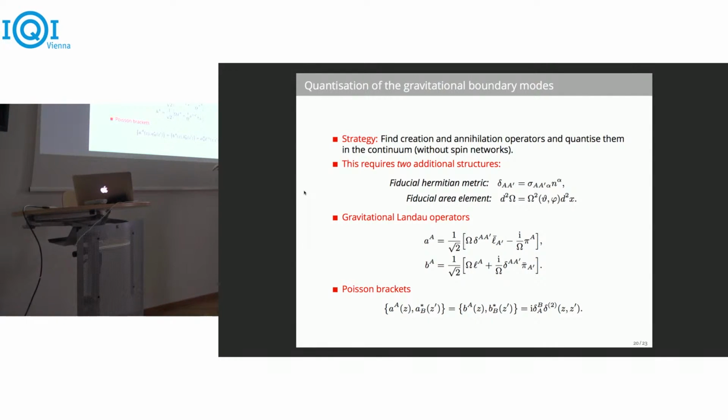So the idea is that out of these spinor degrees of freedom, you can construct two pairs of harmonic oscillators, provided you introduce additional structures that you need to build harmonic oscillators. In fact, if you have a phase space with P and X, this does not yet give you creation and annihilation operators. To have creation and annihilation operators, you need something more, because P and X have different dimensions.